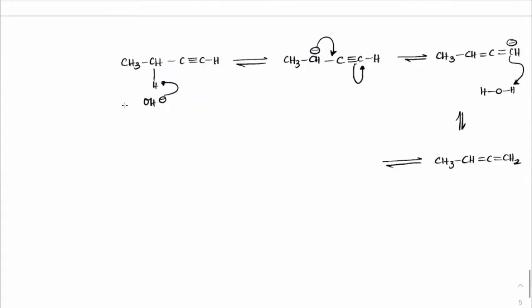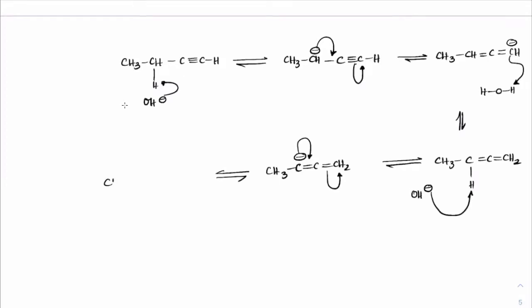And from there, again, if you check this hydrogen which is present on it, I can treat that with OH minus. So we'll get CH3, C, double bond C, double bond CH2 with minus charge on it. Correct. So it will become a triple bond here, single bond here. So we'll get CH3, C triple bond C, single bond with CH2 minus.